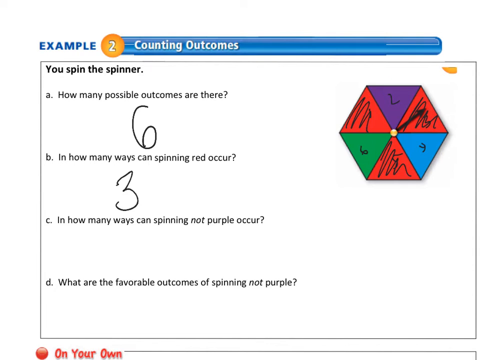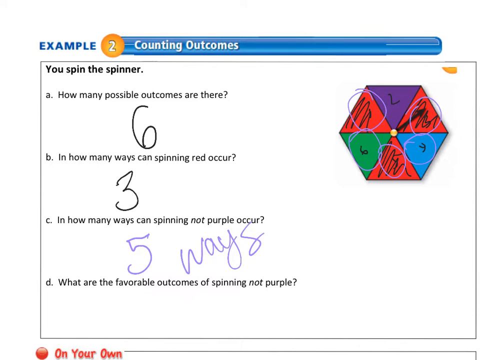In how many ways can spinning not purple occur? So anything but purple. Let's look at all the sections that aren't purple. We have this one, this one, this one, this one, and this one. So there are 5 ways. And finally, what are the favorable outcomes of spinning not purple?